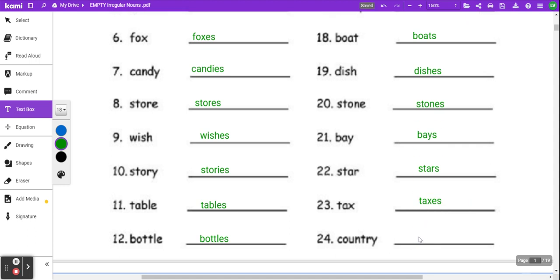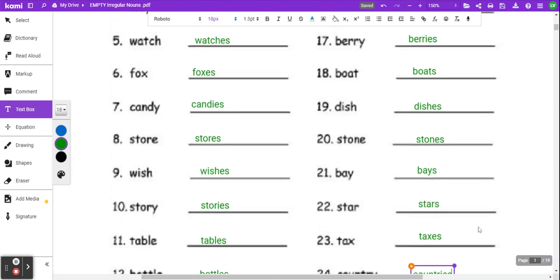What about the last one? Country. Countries. Right? So la letra anterior is a consonant, so we subtract Y y reemplazamos or we replace with IES.